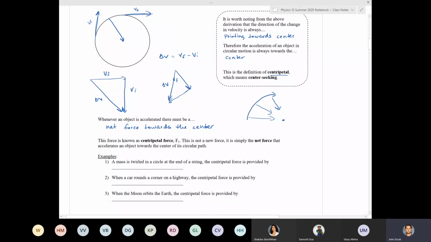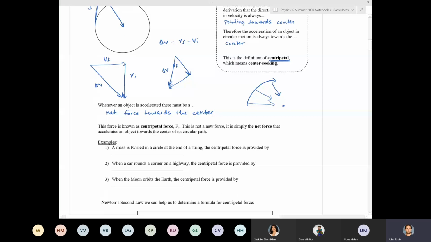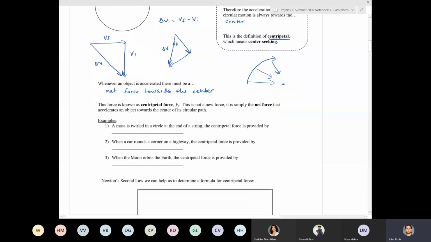This is known as centripetal force. So we have centripetal acceleration, acceleration that is always pointed towards the center of the circle, and centripetal force, the force that's always pointed towards the center. Now, this isn't a new force. It's just a net force. That's all it is.